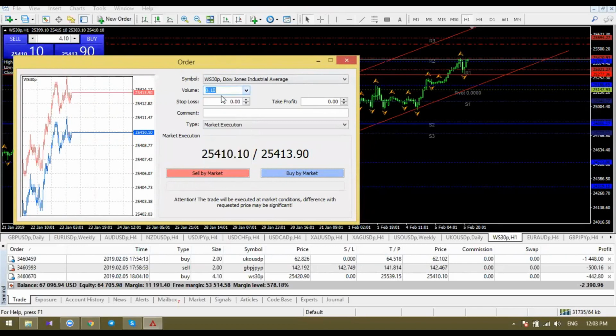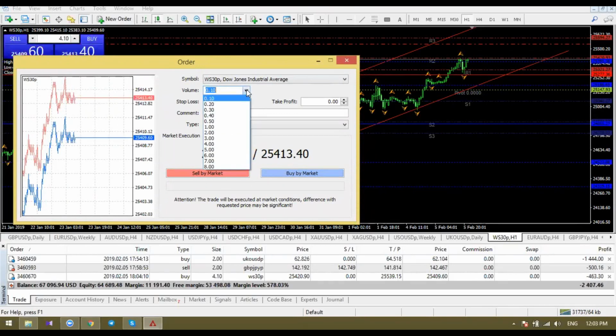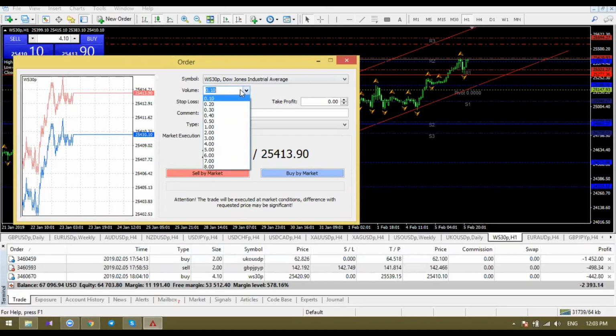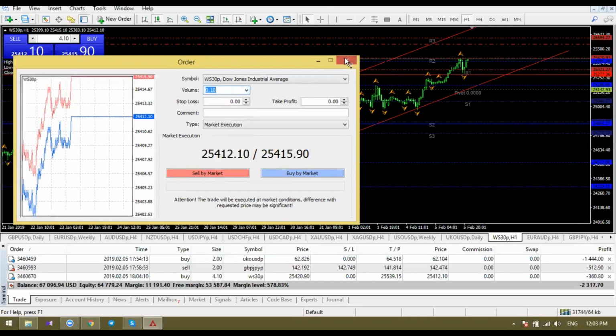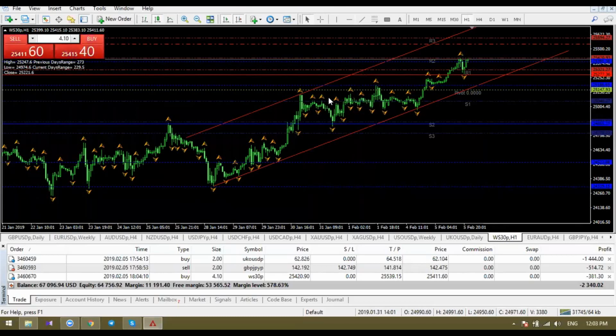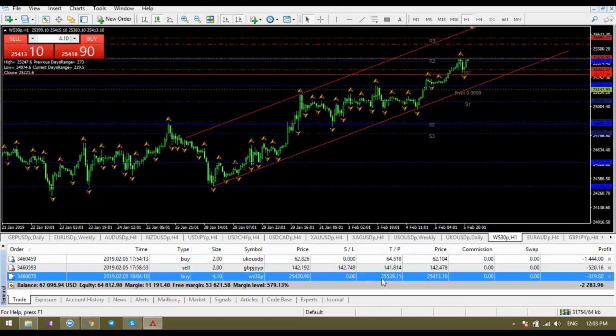But in Dow Jones, the least you can open is 0.1. It doesn't have less than that. It doesn't have STP, right? Yeah, neither of them have it. But teacher, I've got its demo and it has it. In the real account, it doesn't have it.